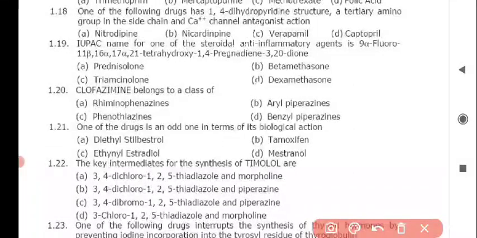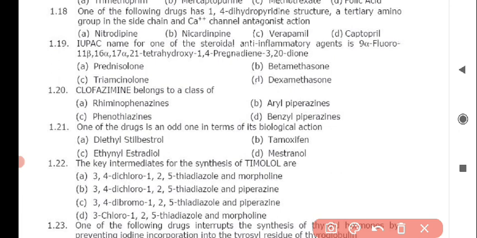Next question is, IUPAC name for one of the steroidal anti-inflammatory agents is 9-alpha fluoro, 11 beta, 16 alpha, 17 alpha, 21 tetrahydroxy, 1,4 pregnadiene, 3,20 dione.